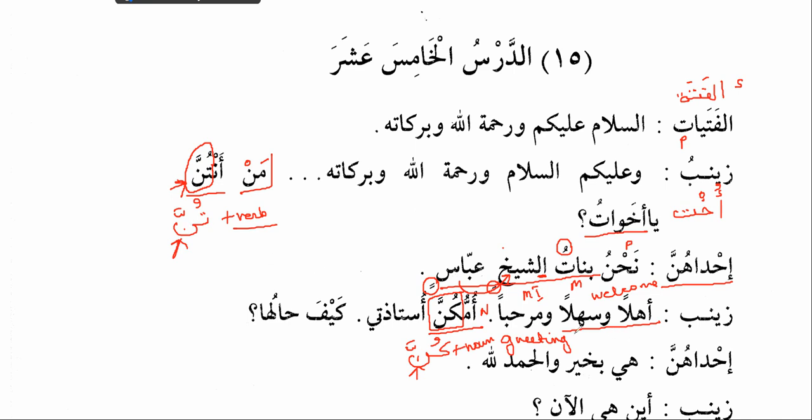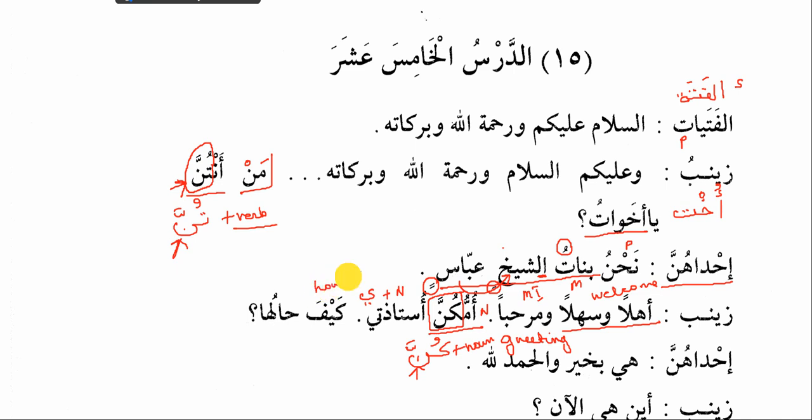So she says, welcome and greetings. Ummu kunna ustadi. So Zainab says, your mother is my teacher. Ustaz, this is the noun, plus the damir ya mutakallim, means my teacher. Kaifa haluha? Kaifa means how.